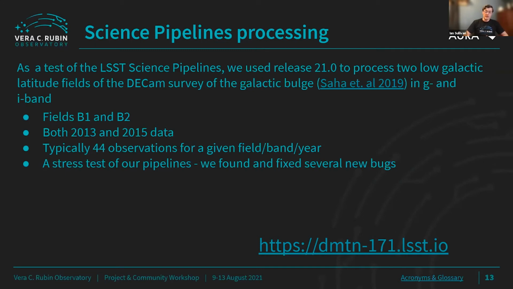However, by the end, there were very, very few that we were unable to process. So we found and fixed many of the bugs, and all of this is in the science pipelines as of release 21. We're at release 22 now, so we have advanced a bit beyond this even. Next slide, please.